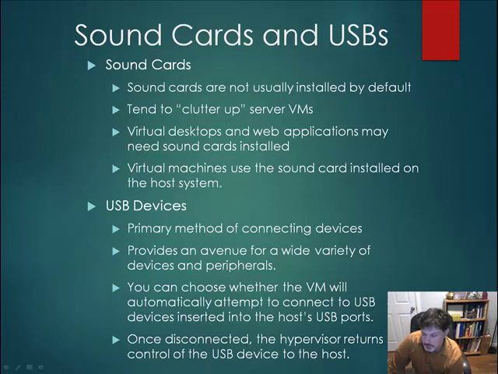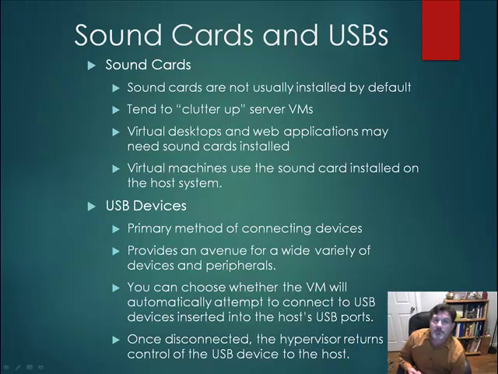Of course, predominantly, if you're hooking up a device onto your VM, more often than not, you're doing it through a USB port. It is the primary method of connecting devices. It's a great way of providing an avenue for all types of devices and peripherals. In VMware, whenever you plug in a USB device, like a flash drive or something, you have a choice.